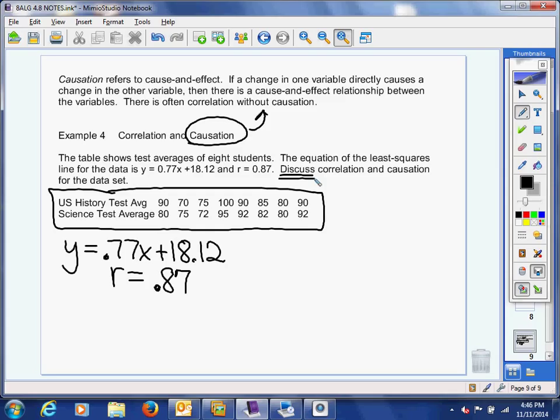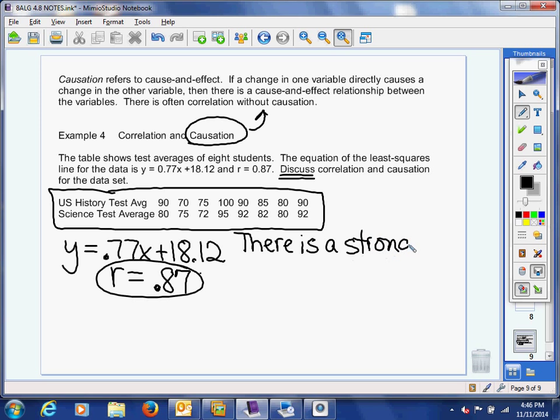So our job is to use words to describe the correlation and the causation for this data set where we're comparing U.S. history test averages for 8 kids and science test averages for those same 8 kids. Okay? So let's start with the correlation coefficient. What does that 0.87 tell you? Well, what it tells me is that there is a strong correlation.